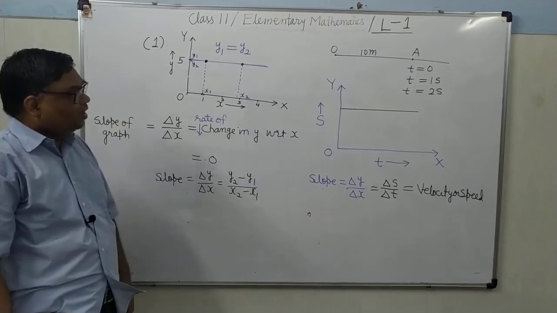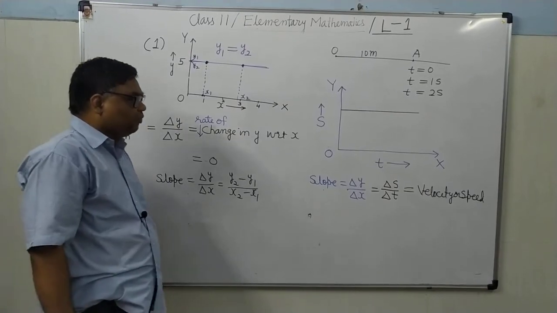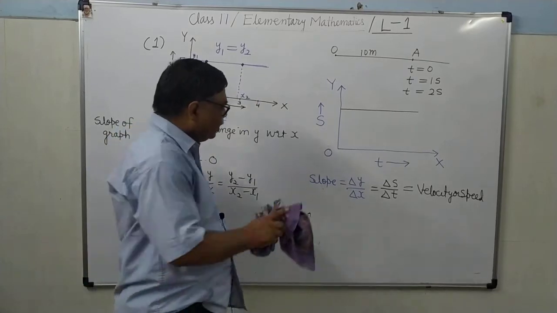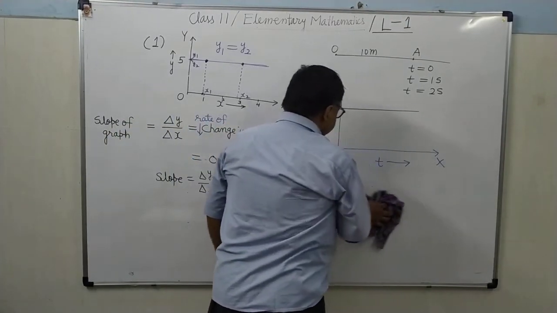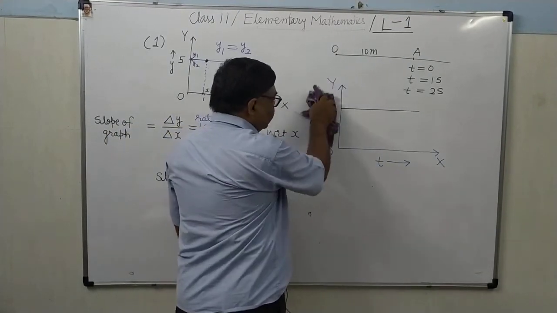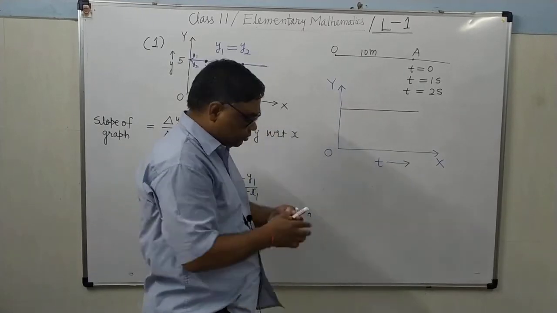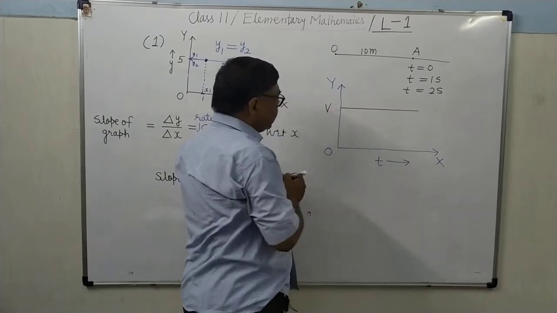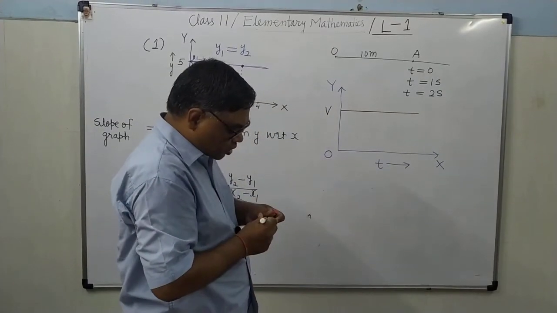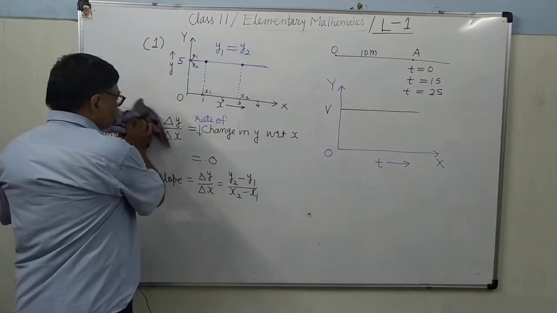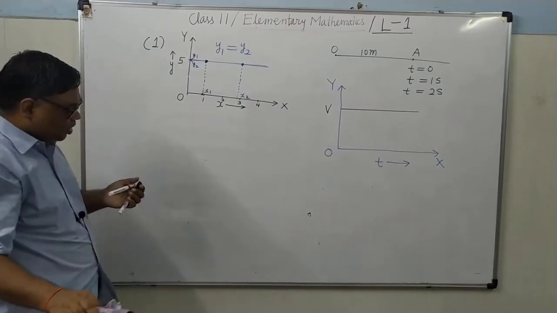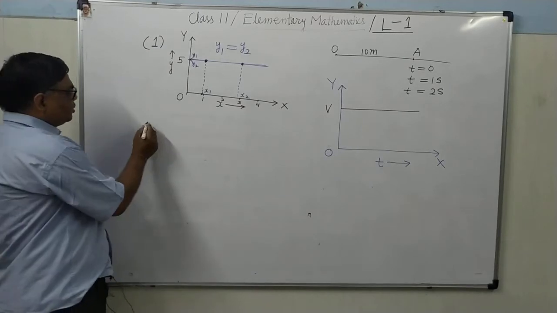This thing is clear? Now see here, suppose this is a velocity time graph. In place of the displacement time graph, I have taken a velocity time graph, which means on the y-axis there is velocity, and on the x-axis there is time. Now what will be the slope here?